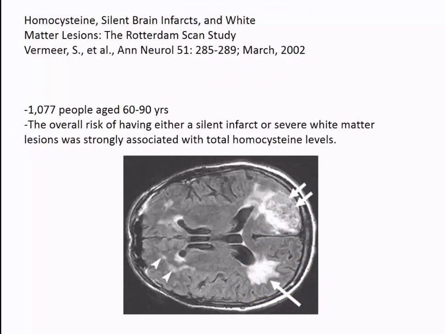Here's another study. This is a big study. It's the same study. Basically, 1,000 people aged 60 to 90, and if you can just read this sentence right in here, I'll read it for you.